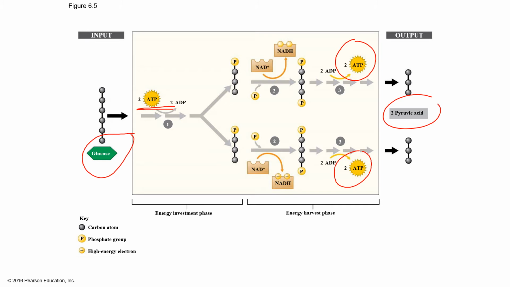So if you're using 2 ATP at the very beginning and you make a total of 4, the net profit is only 2. So that's why we say that the products that will come out from glycolysis would be 2 pyruvic acids and 2 ATP molecules.